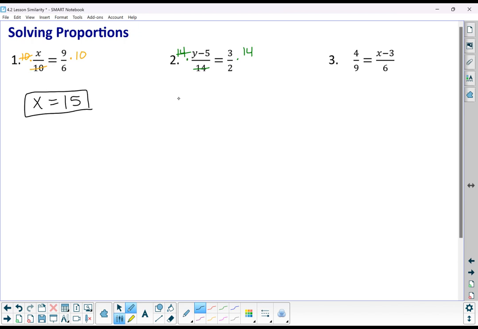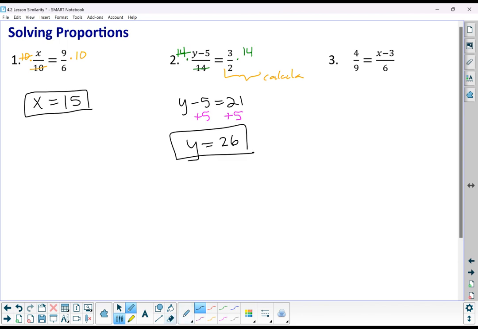So on the left, I just have a y minus 5 now. I can use my calculator to calculate 3 divided by 2 times 14, and that is 21. So now to finish solving for y, I just need to add 5 to both sides of my equation. So I get y is equal to 26.